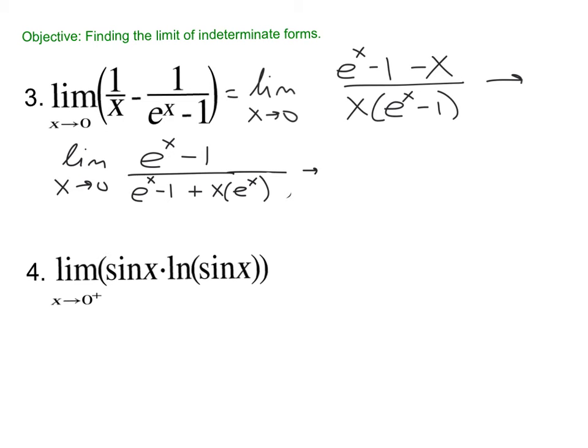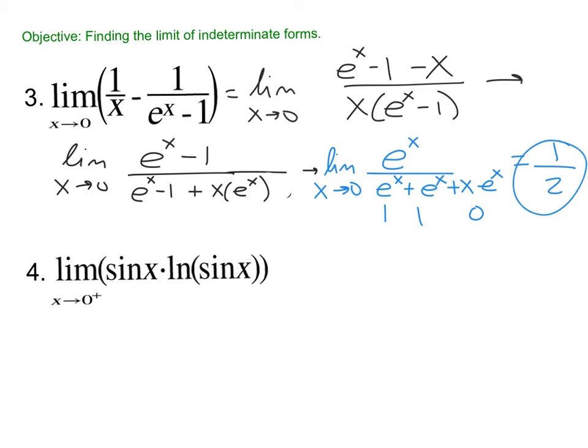So let's do it one more time. Limit x approaches 0. This should be the last time. E to the x over e to the x plus e to the x plus x e to the x. All right, now we can plug in. E to the 0 is 1. So we have 1, 1, and 0. So the answer is 1/2.